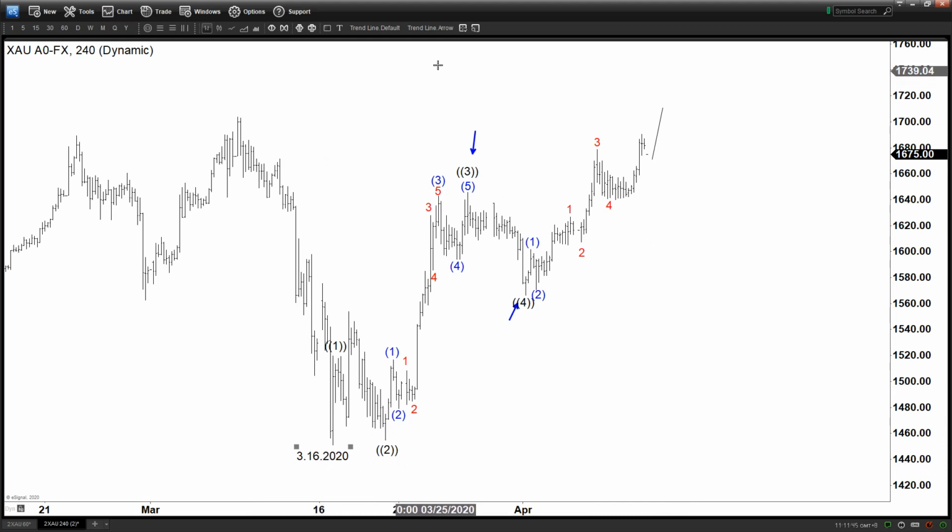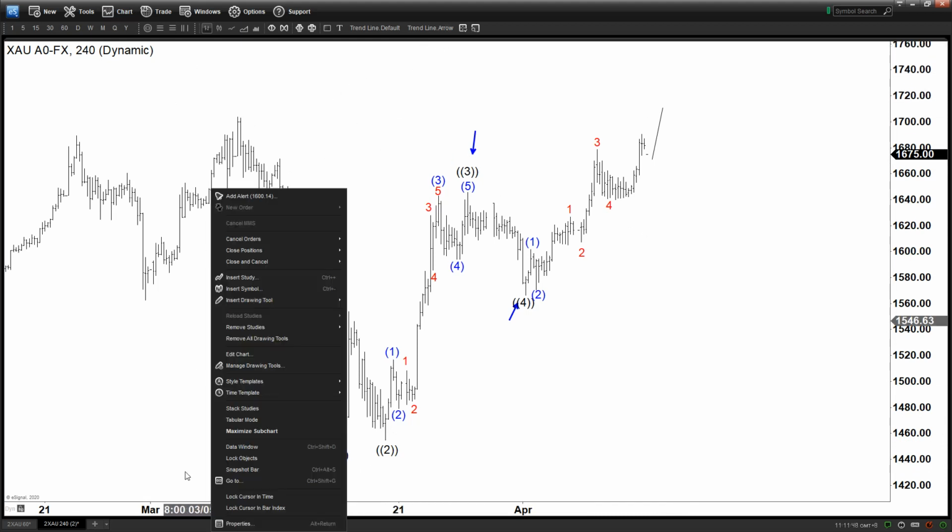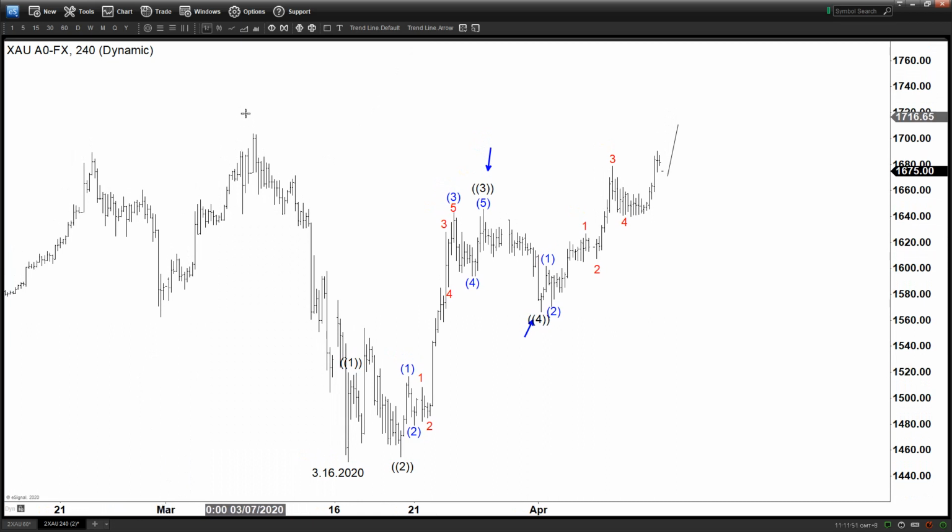Obviously this sell-off was after the shock from the coronavirus news, and then we completely recovered in gold, almost taking out the previous high now. So we got a 1 2 3 4. Now again we are looking to finish with 5. In the worst case scenario, this could be finished, so this is 1 2 3 4 5 ending here, and then we will be correcting this entire cycle.